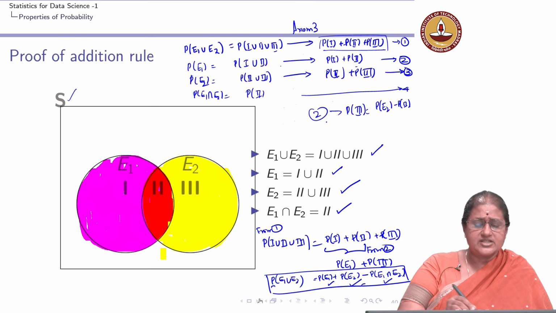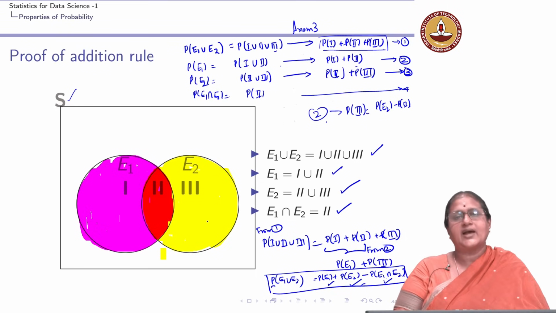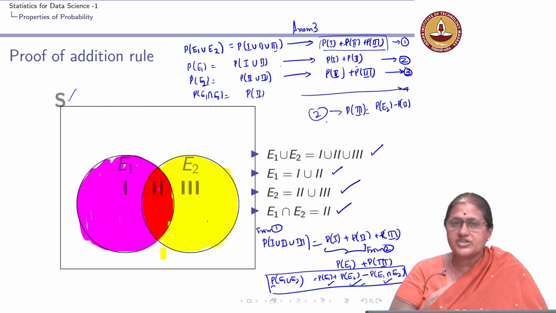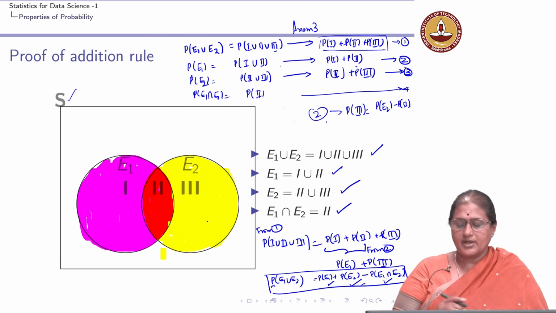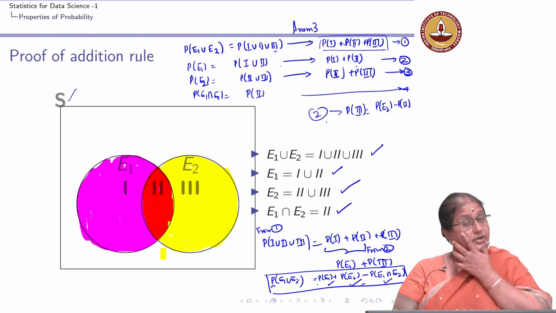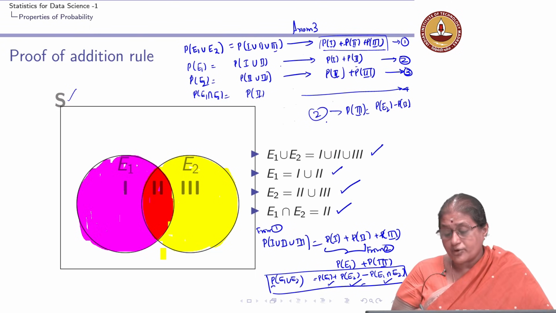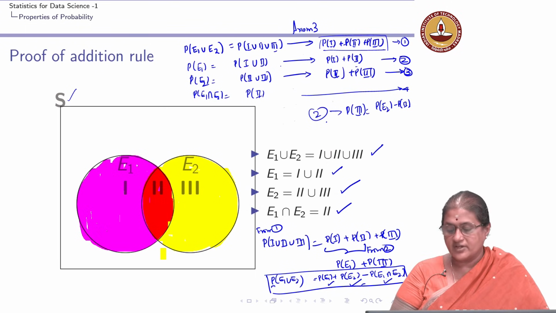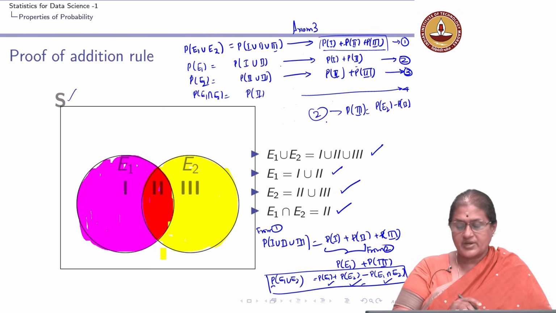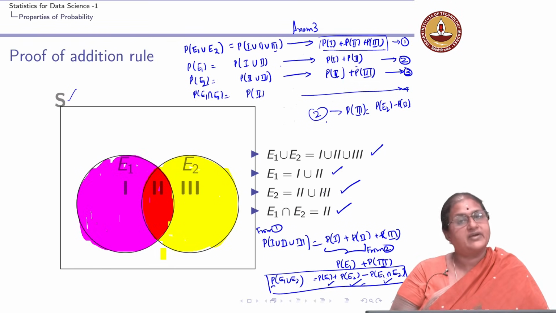So, the key is to write the union as a union of 3 disjoint sets and apply the axioms of probability to show that the probability of union is the probability of E1 plus probability of E2 minus probability of E1 intersection E2, which we can actually prove from whatever we have seen.